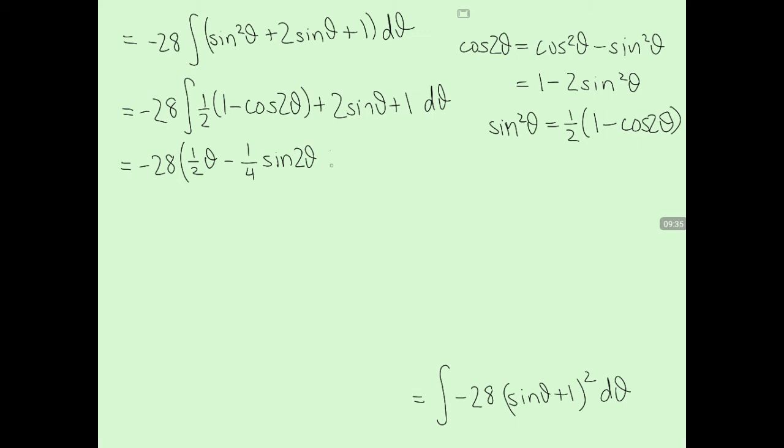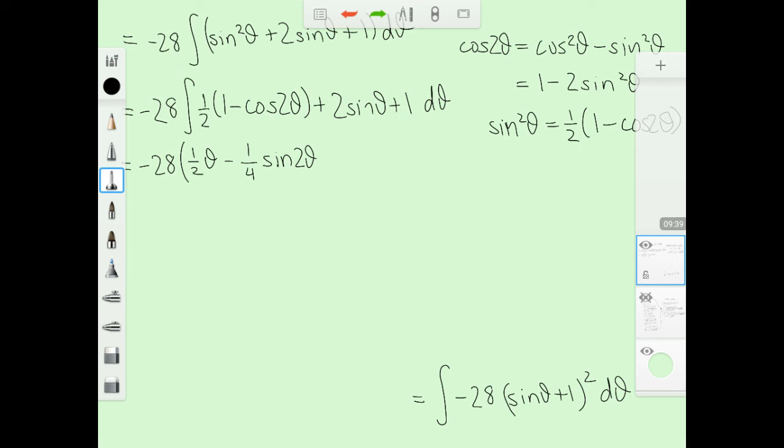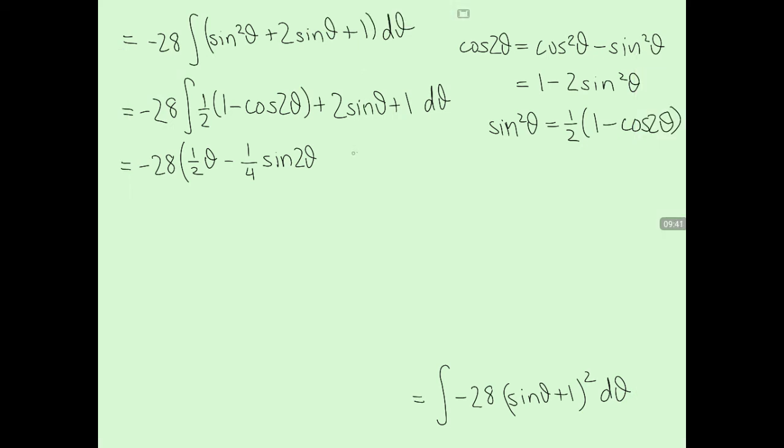And then we should have plus or minus, because the derivative of cosine is negative sine, so we have negative 2 cosine theta plus theta. And don't forget the plus c, which is the constant of integration.